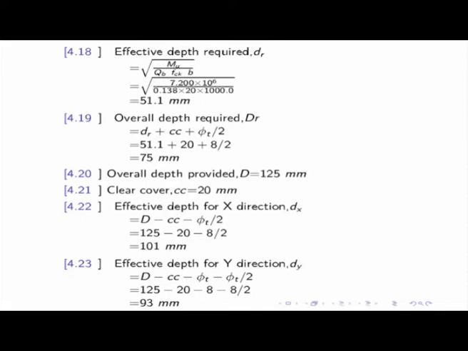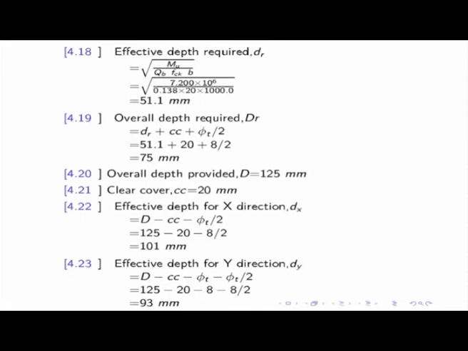Overall depth provided, I have provided say 125 millimeter, because we have not checked it from the deflection criteria. Sometimes we do it, but minimum generally we provide nowadays 125 millimeter. Earlier we used to provide 100 millimeter also. For design purpose you could consider this as 100 millimeter also, but anyway, we are providing 125 millimeter overall depth.